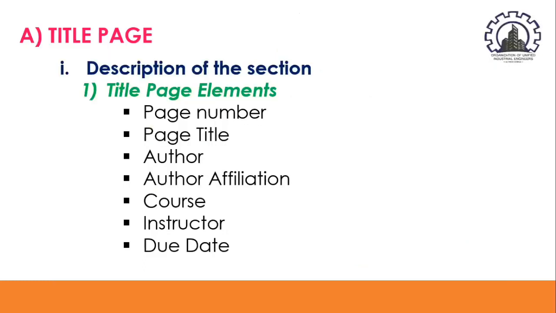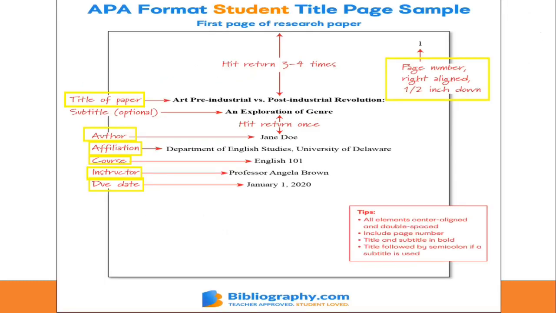And aside from page number, you also have page title, okay, or the title of the paper, or the title of your thesis study. So in this case, the title of our thesis study is Art Pre-Industrial Versus Post-Industrial Revolution: An Exploration of Genres. So you have there a subtitle, but take note, subtitles are just optional.